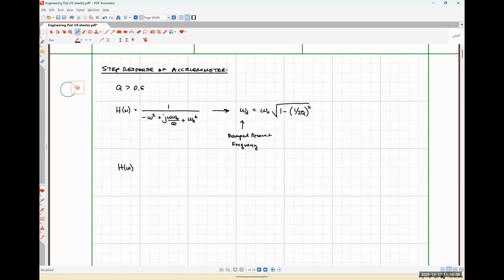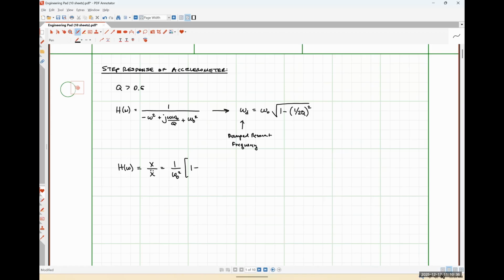So the transfer function in this specific case, when we're working with a Q greater than 0.5, should look something like this, right? So it's going to be our displacement over our acceleration. That's just our basic definition. It is going to be 1 over omega naught squared times this guy.